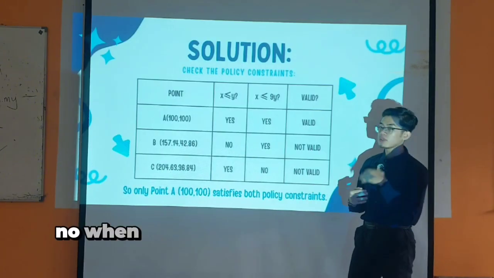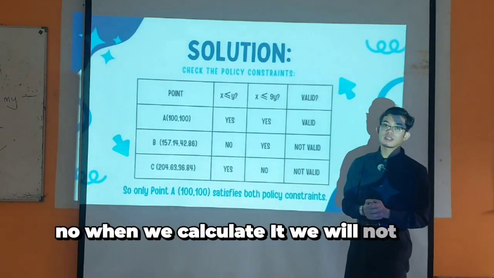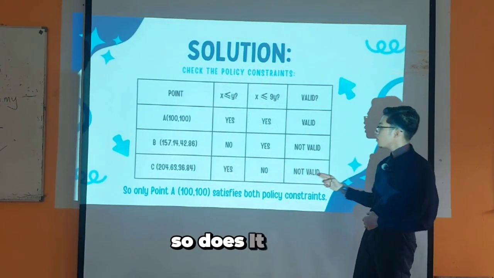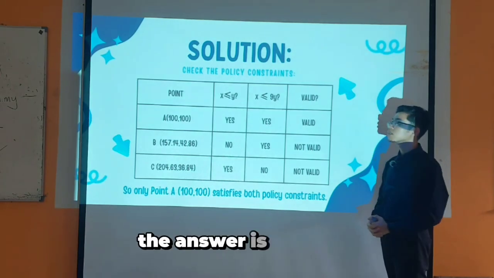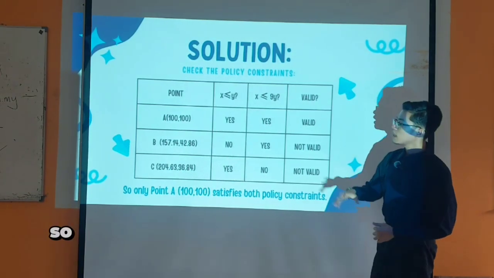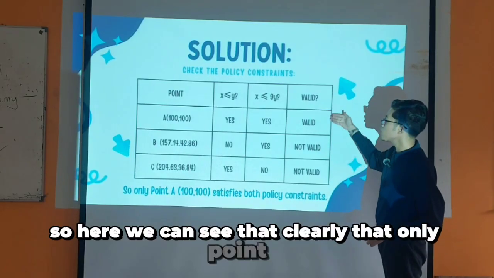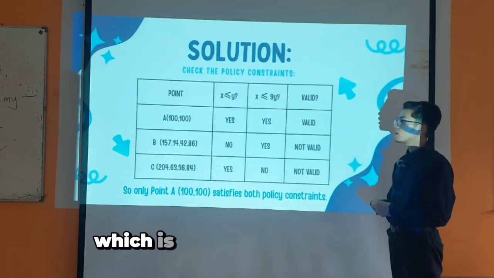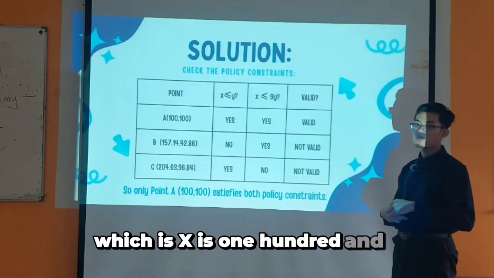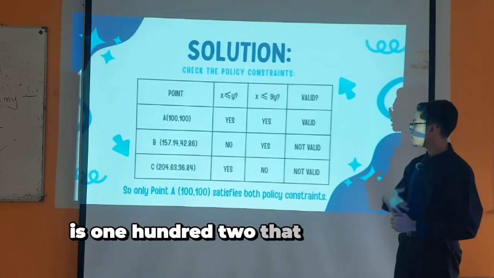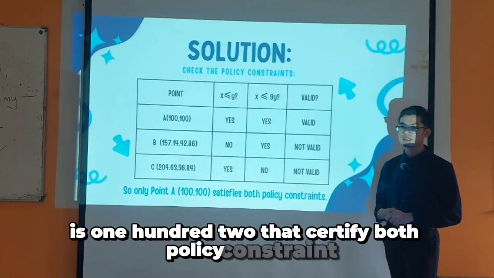No. When we calculate it, we will not get it, so that is invalid. So here we can see clearly that only point A, where x is 100 and y is 100, satisfies both policy constraints.